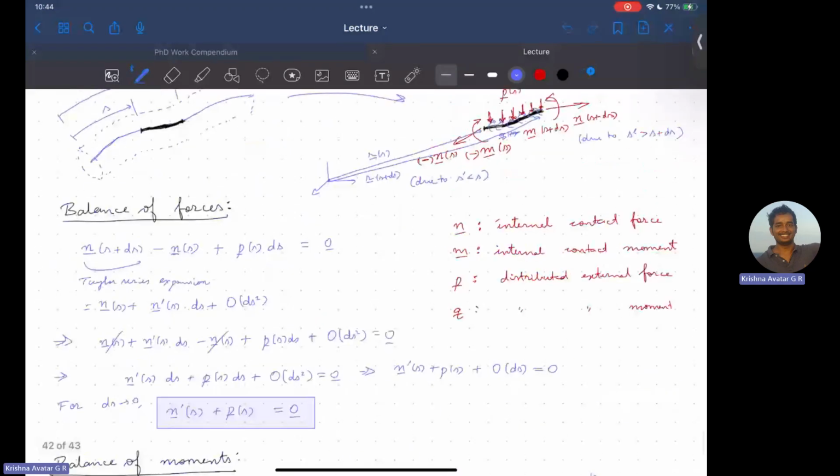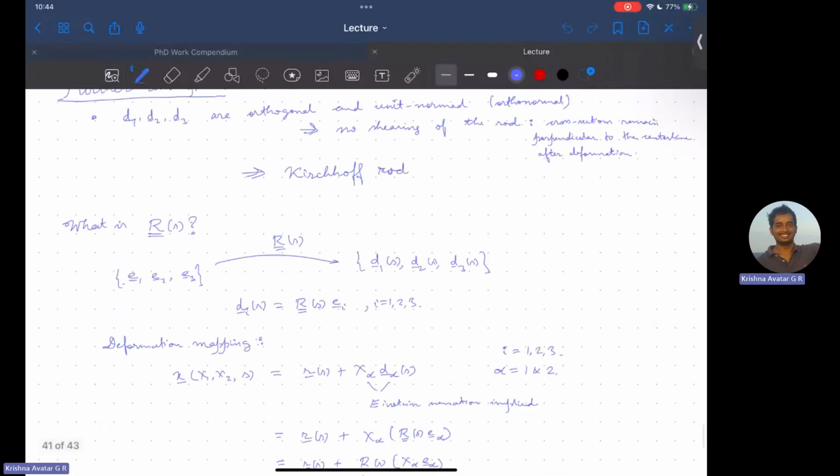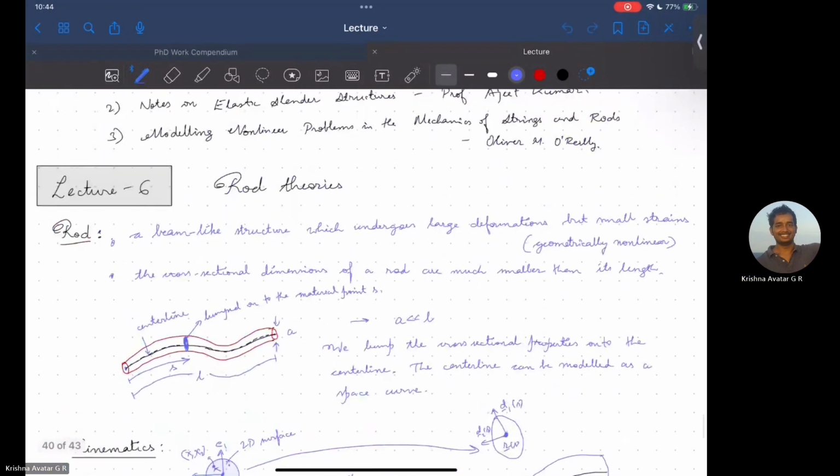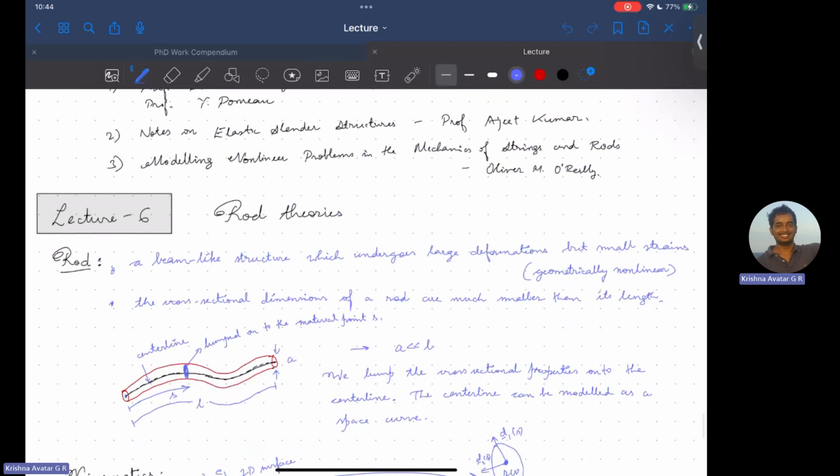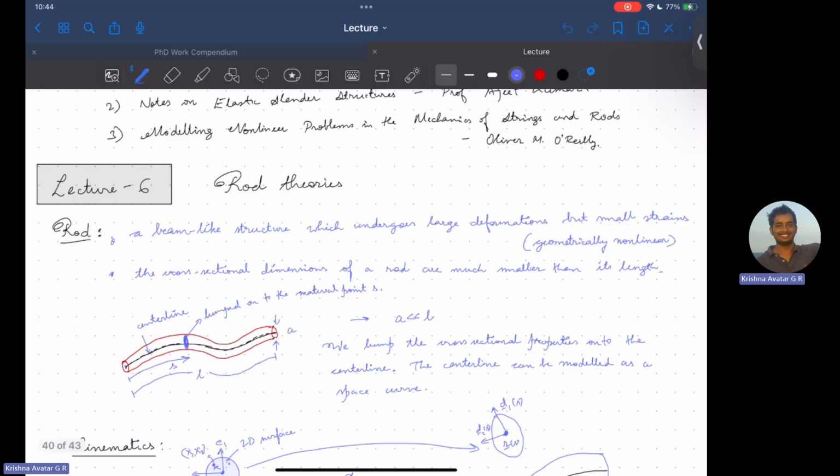we went on to understand how we form the assumptions made in rods. To study rods, we began with how we define a rod as an extension to beam structures.